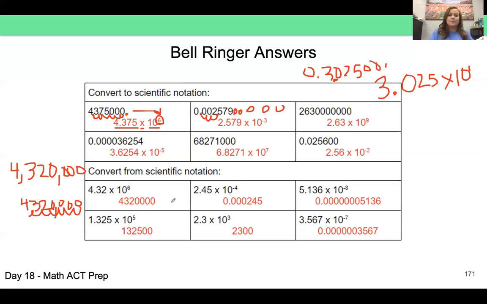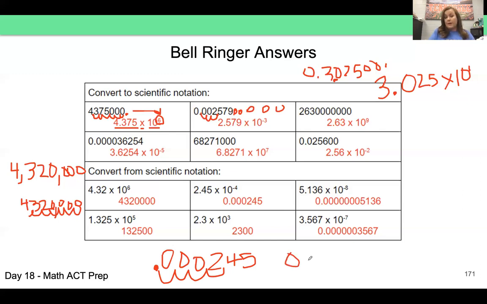Take the time. Here, I know it's a negative, so that means it's going to be a decimal point. So I would do the exact same thing. I'm going to draw it down here. I'd go 2, 4, 5. My decimal point's here, so I'd go 4 places. 1, 2, 3, 4. That's where my new decimal point's going to be. And I fill in all those dips with a 0.